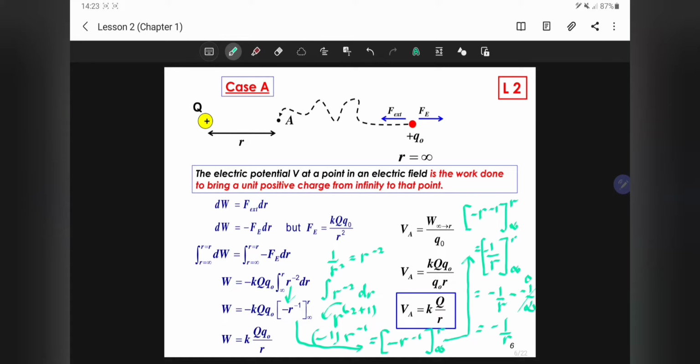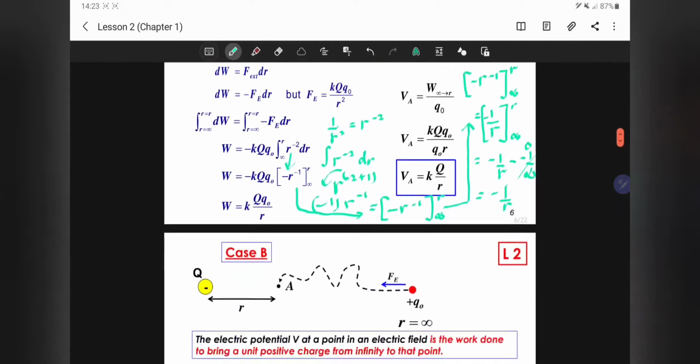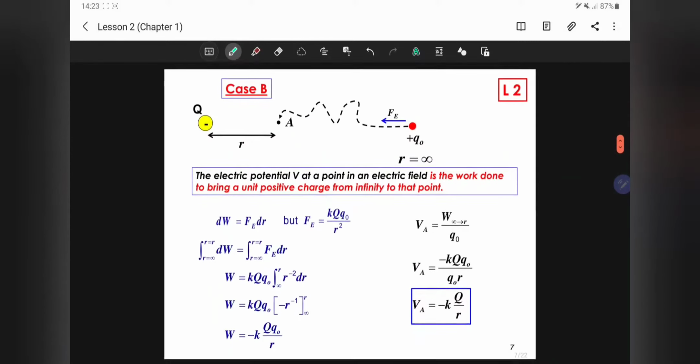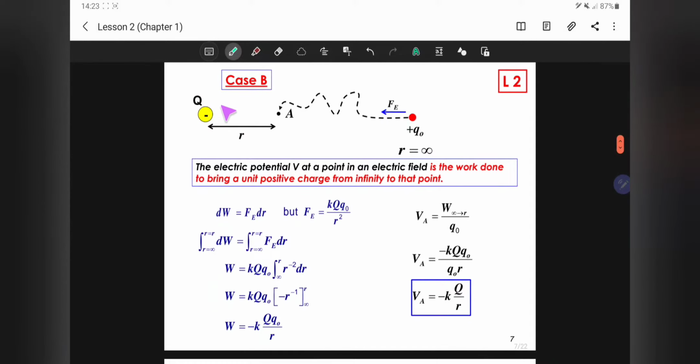And then by doing the same thing for the negative charge, what do I mean? We just change the isolated charge to be negative. Before this, the isolated charge given was positive, isn't it? Now we change the isolated charge to be negative. The point is still the same, point A. We just move a test charge from infinity to that point.